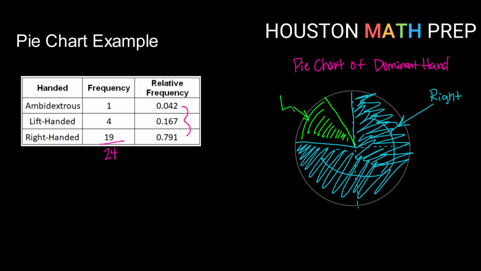That would go for my left-handed folks. And then the last little wedge in here that's left over would be about my 4%, and that one would be my ambidextrous. All right, and now I've got a pie chart for right-handed, left-handed, and ambidextrous, or favored dominant hand.